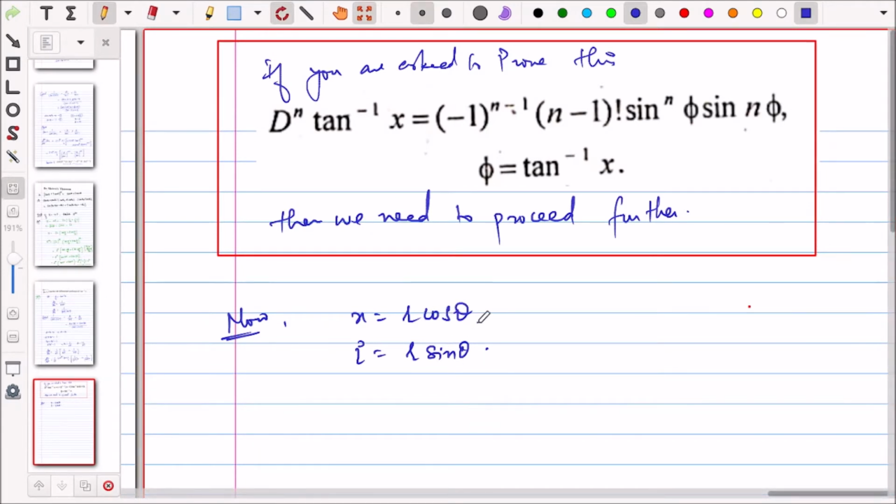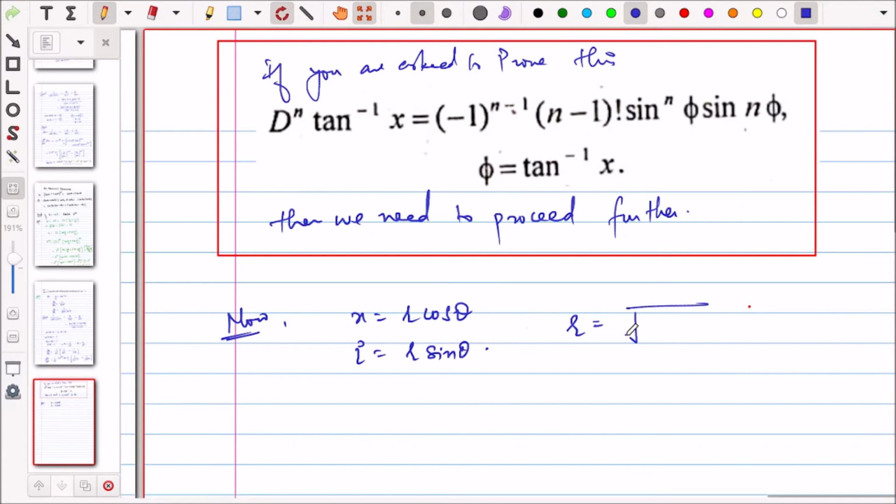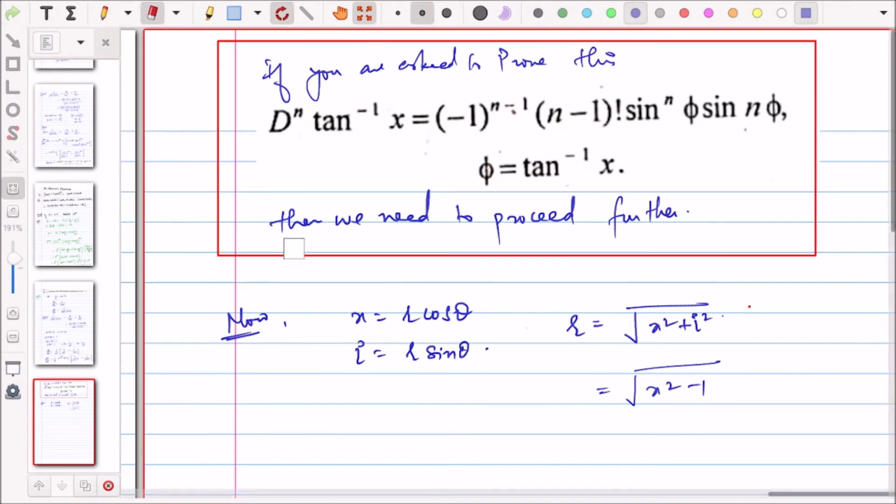So this thing can be written as, so then our r is equal to, what will be r? x square plus 1 square, which is equal to x square plus 1.